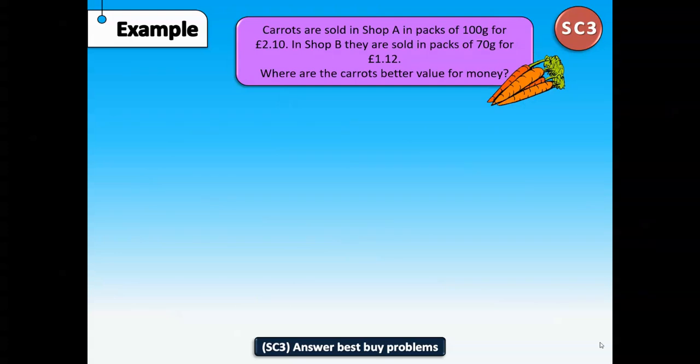Here's another example. Carrots are sold in shop A in packs of 100 grams for £2.10. In shop B, they are sold in packs of 75 grams for £1.12. So where are the carrots better value for money? So we need to find out where they're cheaper.